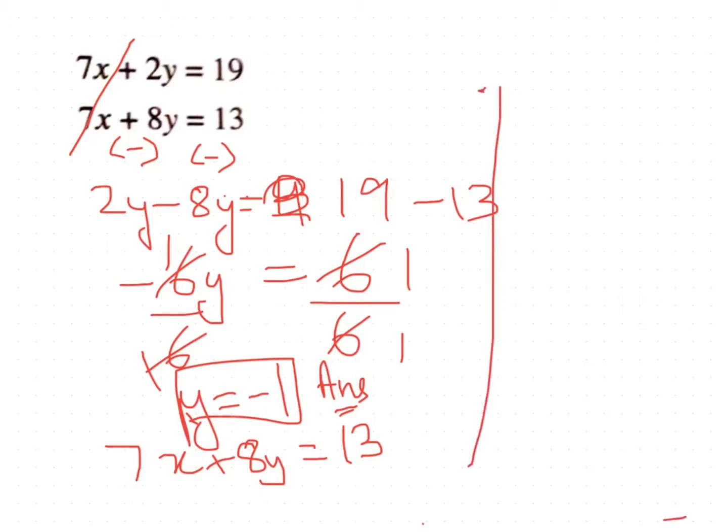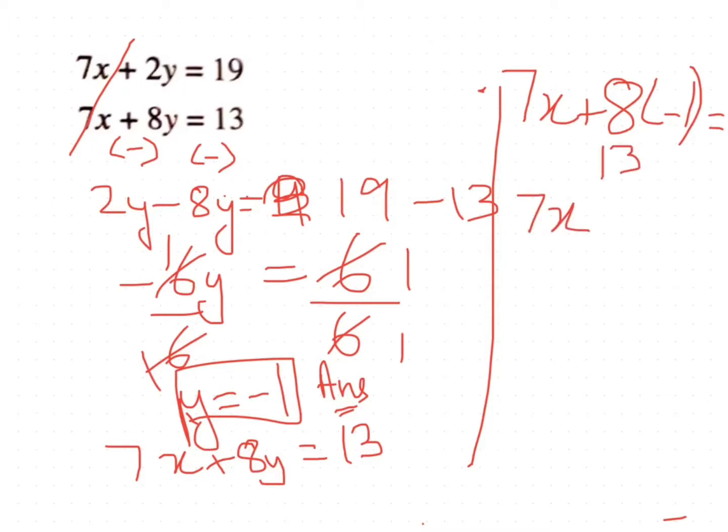We have to put the value of y in it. So 7x plus 8 times minus 1 equals 13. Then 7x minus 8 equals 13. Now 7x equals 13 plus 8.